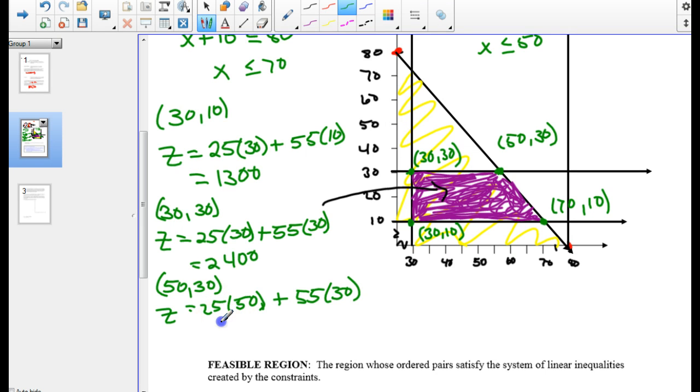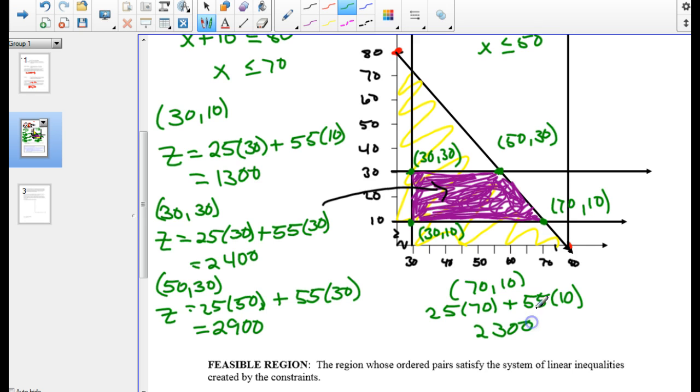You get 2,900. And then the last point we need to check is at 70, 10. So 25 times 70 plus 55 times 10. And that's at 2,300.